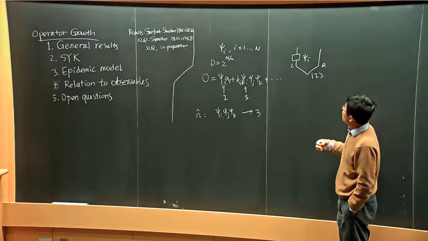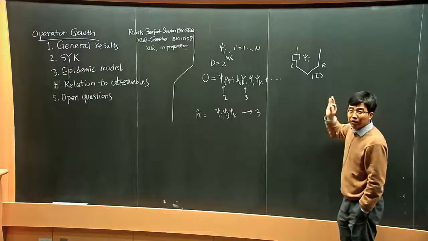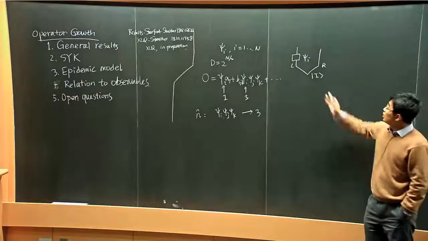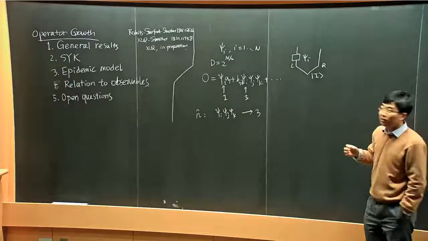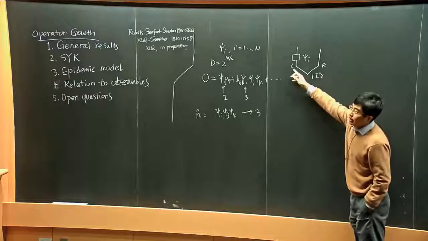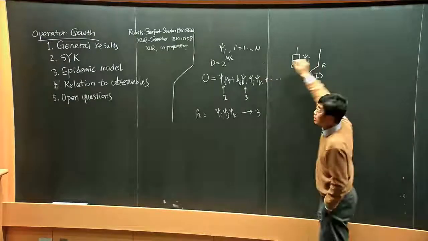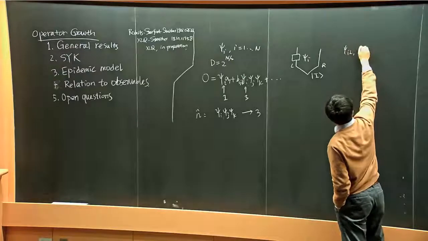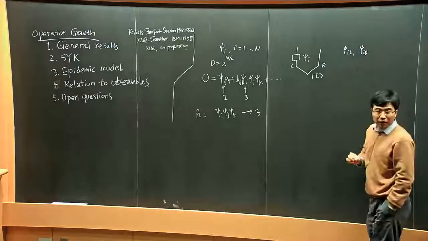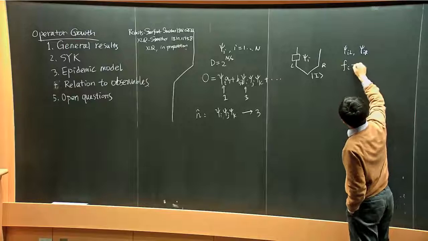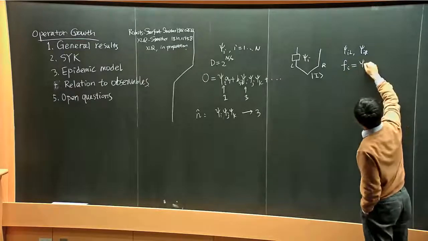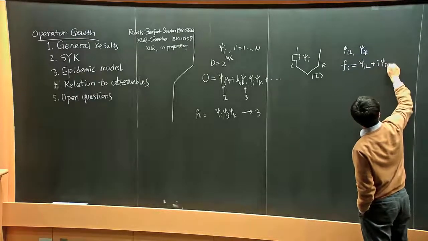In these Majorana fermion systems, there is a very simple choice of I, which makes the calculation much easier. This is a system with two copies of these Majorana fermions, so I have psi_i left and psi_i right. Now I define a complex fermion operator, which is something like this.